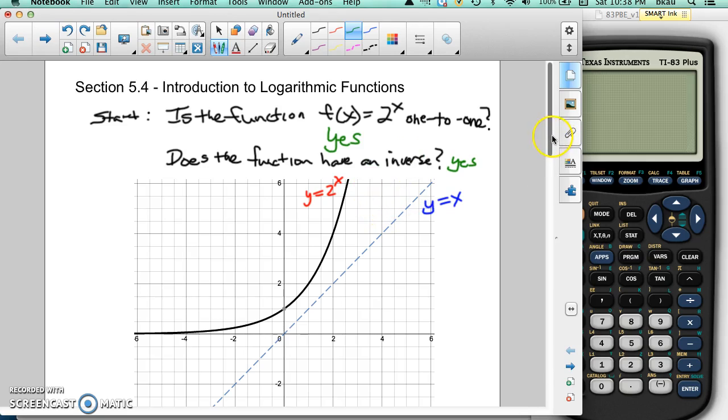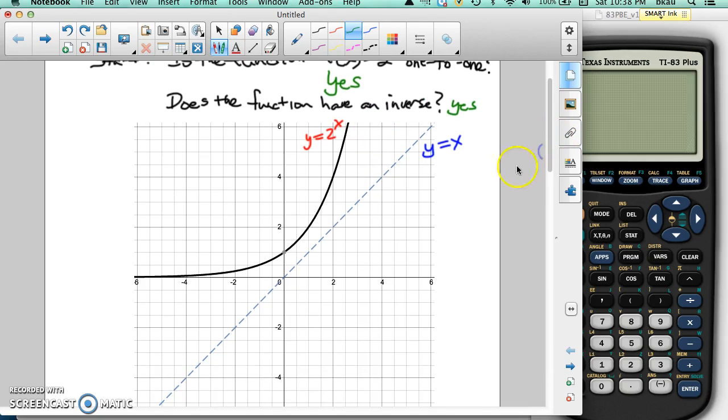So if we take a few points here and we try to graph the inverse, that just means we're going to switch the x and the y value. Start with this value right here. That's 0, 1. So that value of 0, 1 would be graphed at 1, 0, which is right here.